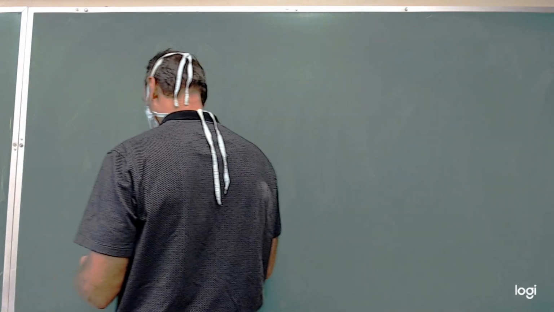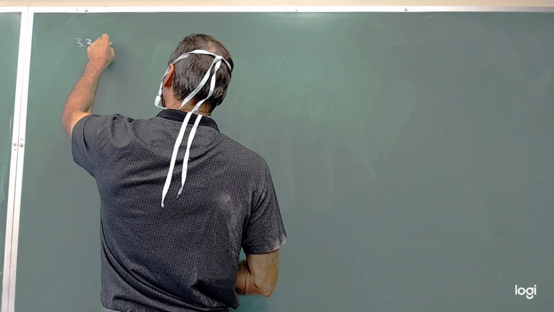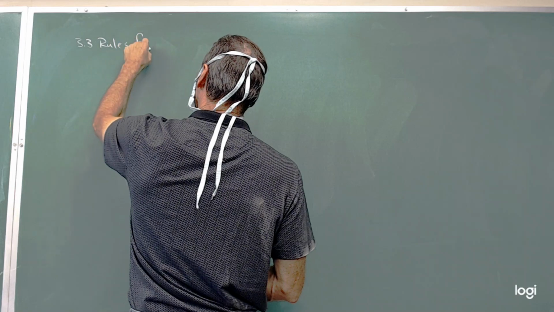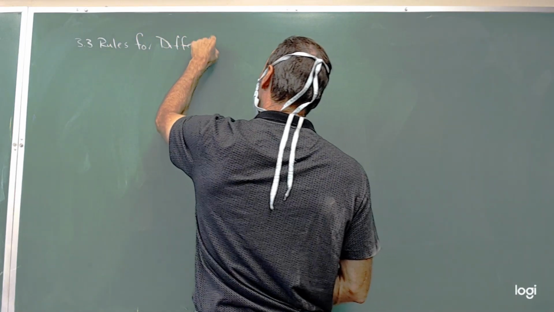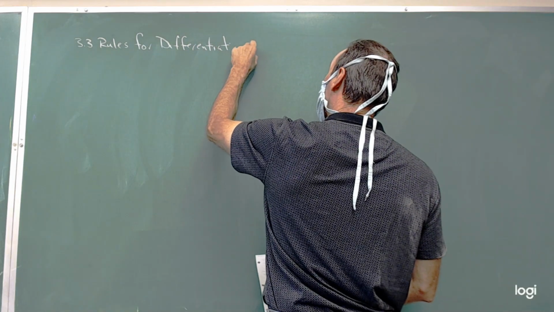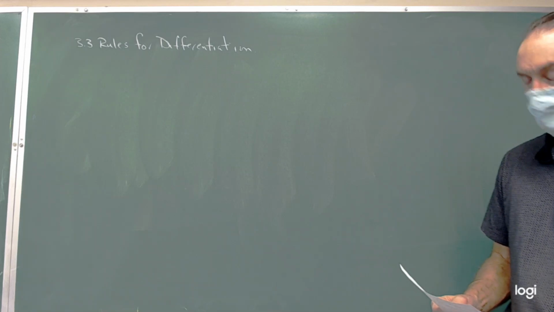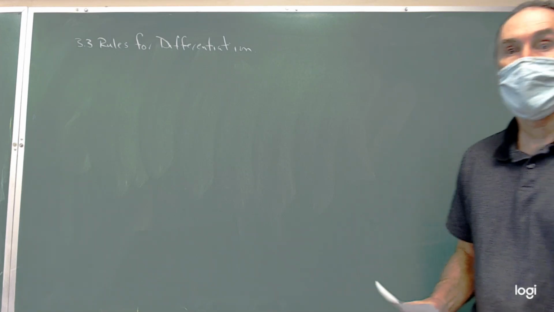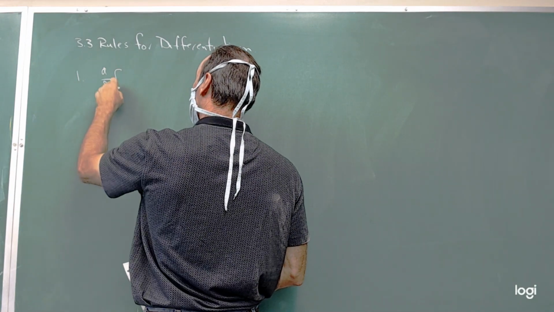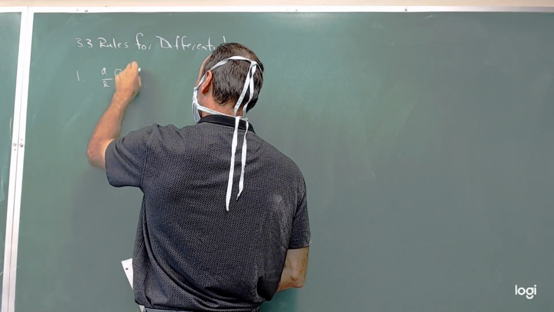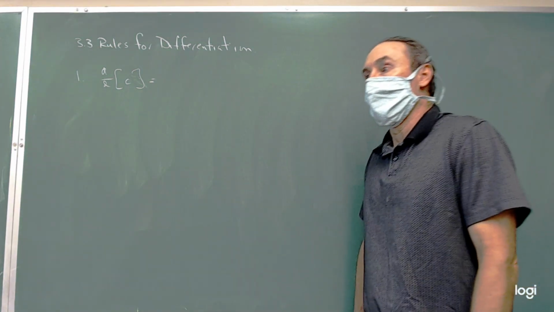So we're talking about 3.3. These are the rules for differentiation. So we remember the derivative of a constant is 0.